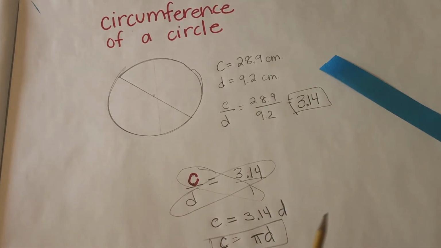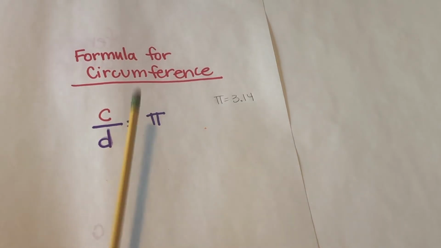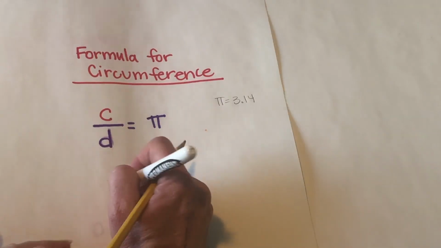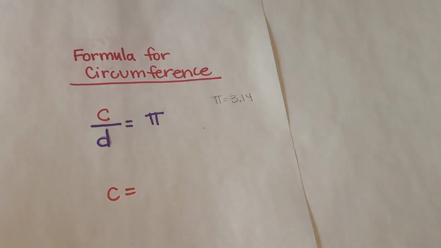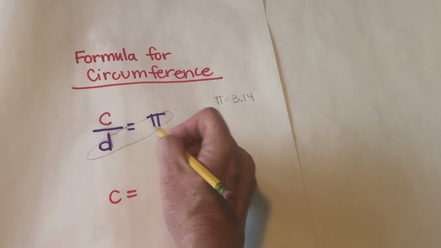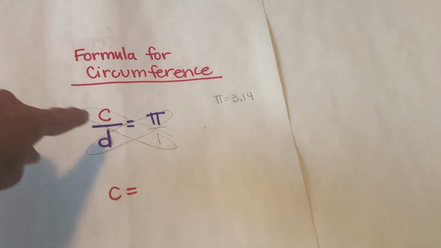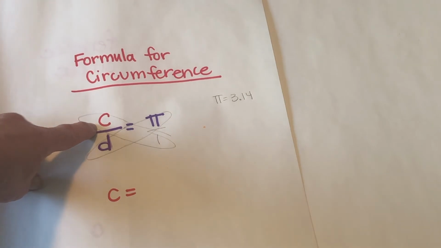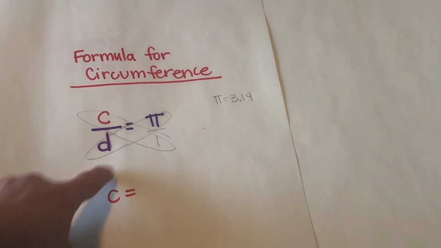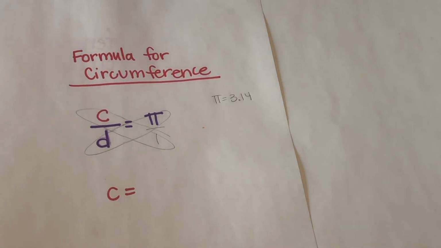Or we could say circumference equals pi d. So if we want to figure out the formula for circumference, we can use cross products. These often come in handy, don't they, these ratios with cross products. So we have C times 1 is C, and pi times d.